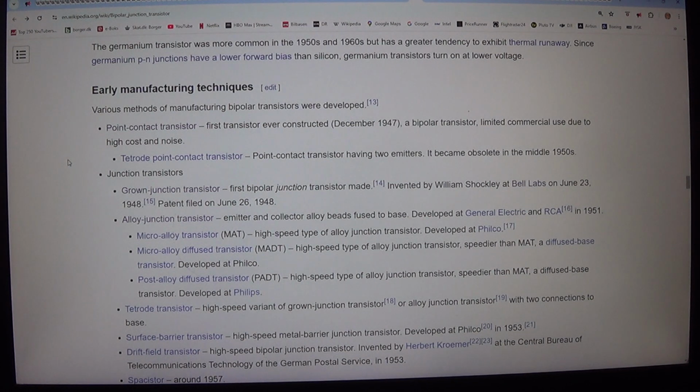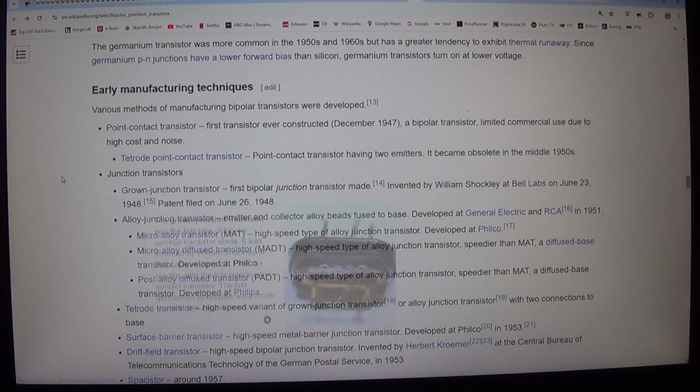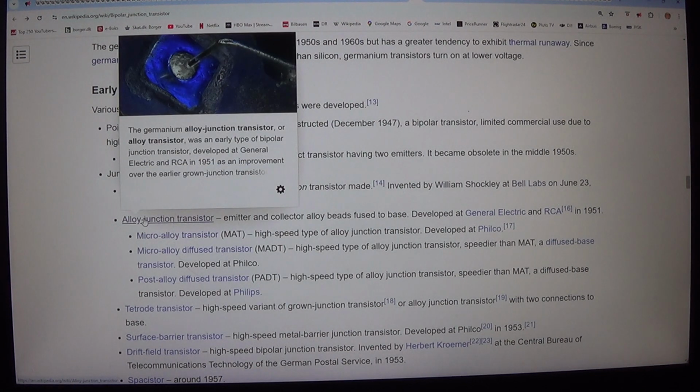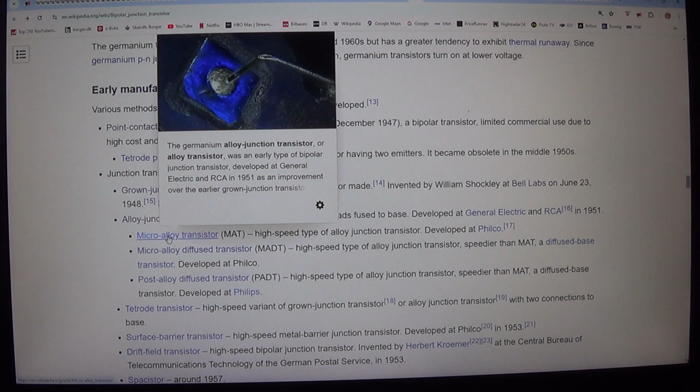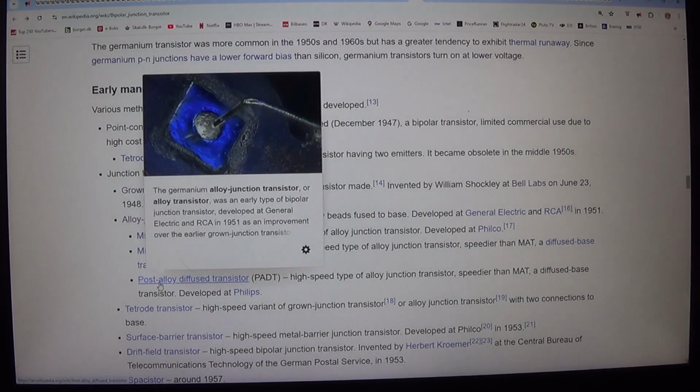It became obsolete in the middle 1950s. Two, junction transistors. One, grown junction transistor, first bipolar junction transistor made. Invented by William Shockley at Bell Labs on the 23rd of June, 1948. Patent filed on the 26th of June, 1948.